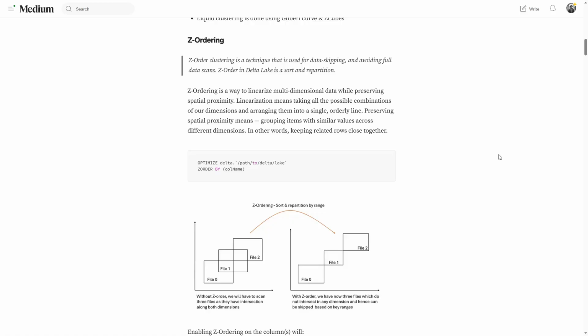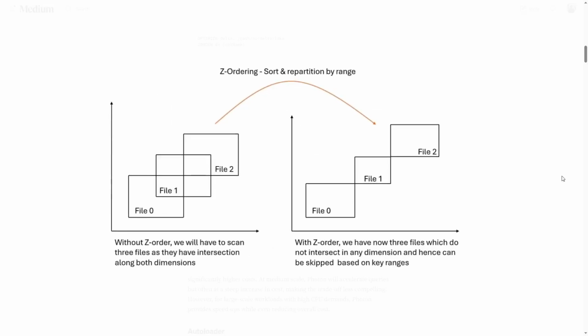So the different dimensions that we have, we want to make them into one single line so that instead of hopping from one state to another, we are able to search the whole thing in one go. That's what Z-ordering does.